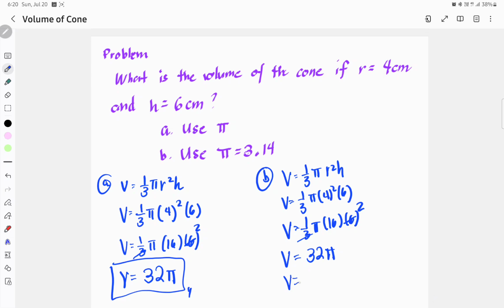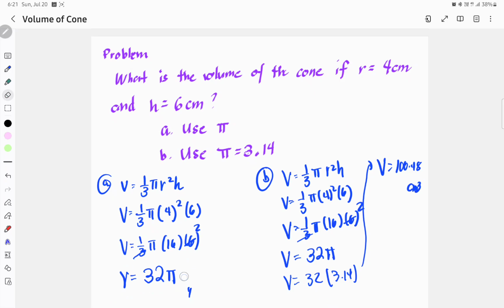Now working with the value of pi, which is 3.14, volume would be equal to 32 multiplied by 3.14. That would be approximately 100.48, and then the unit of measurement is cubic centimeter.